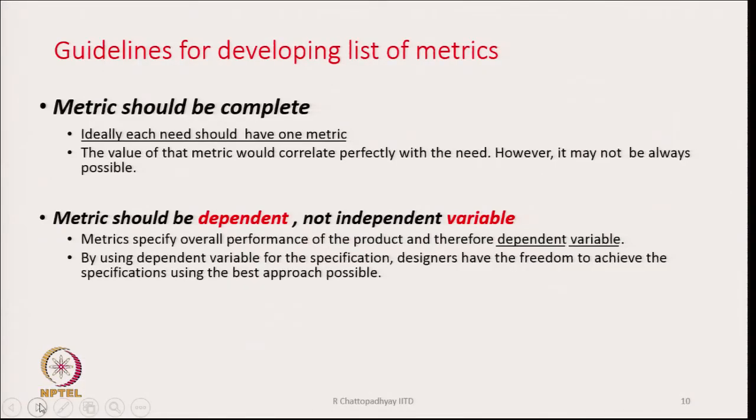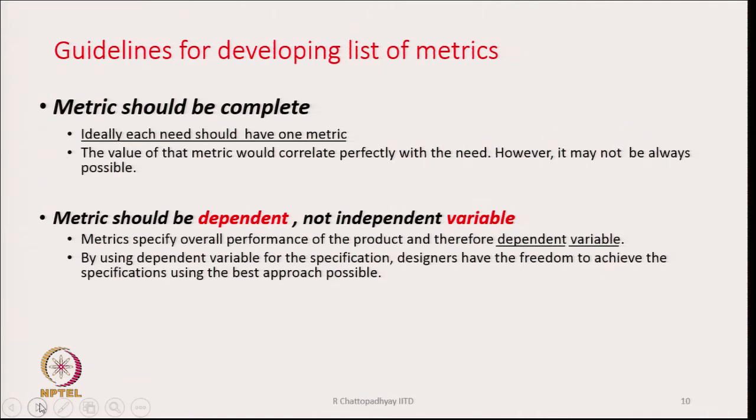By using dependent variable for the specification, designers have the freedom to achieve the specification using the best possible approach. So, the designer has the freedom to achieve a certain specification by various combinations.